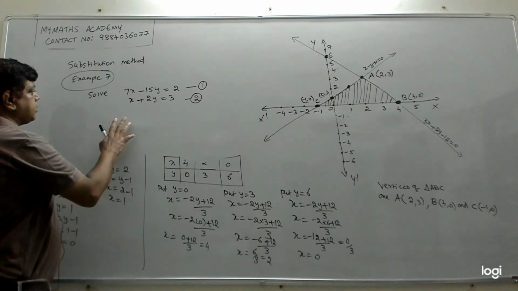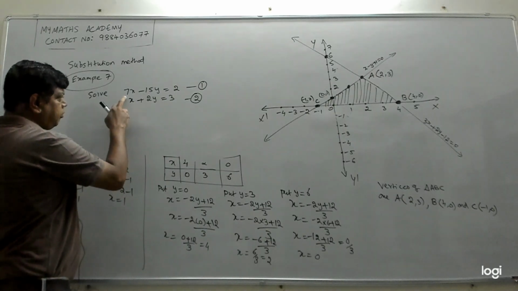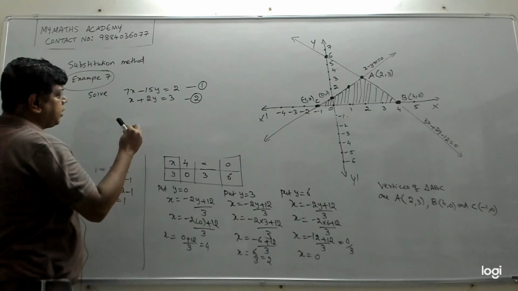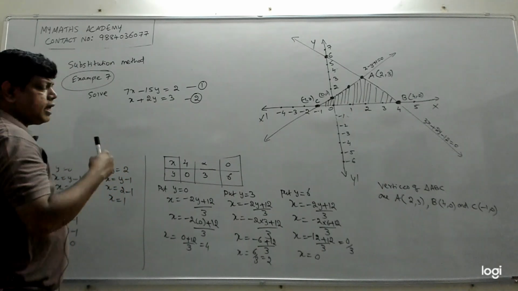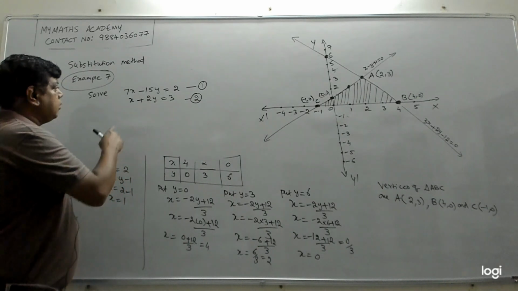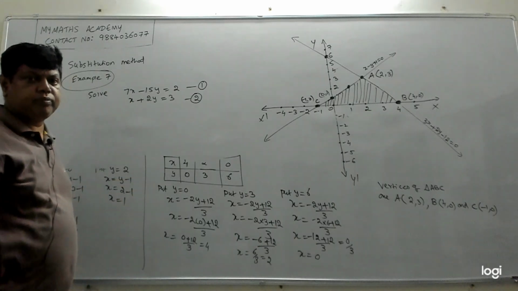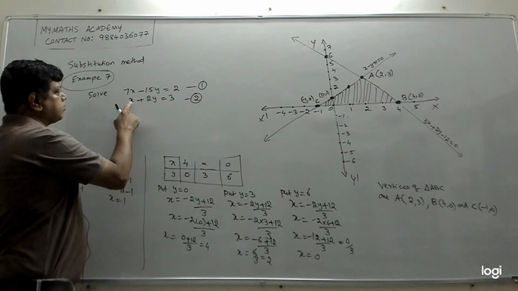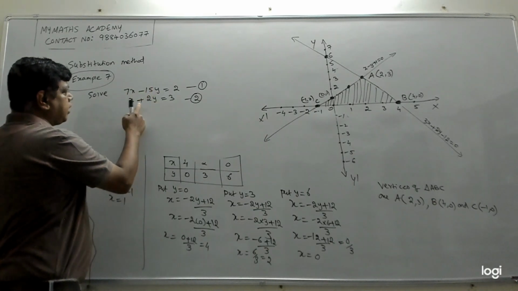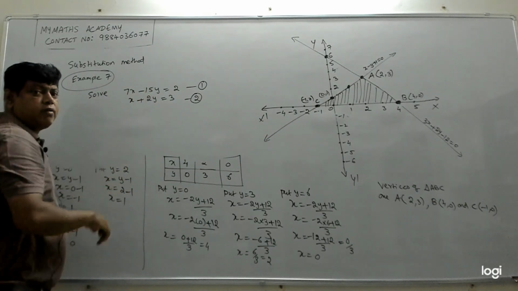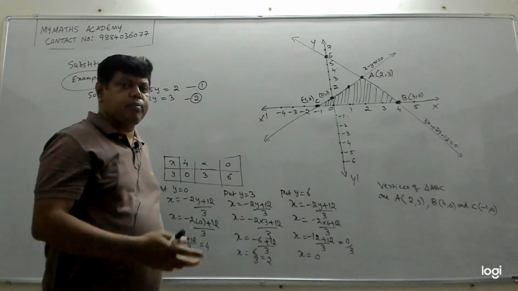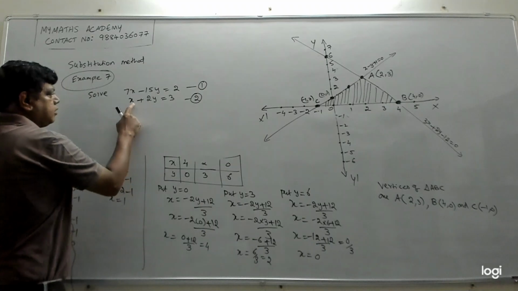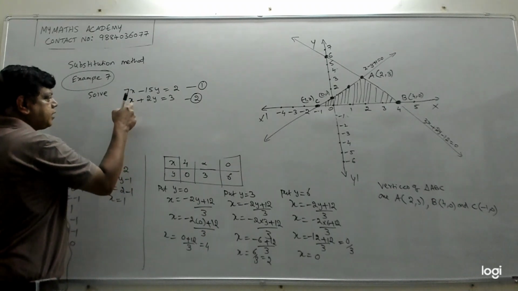The substitution method says first we choose any one of the equations, and preferably we take an equation which has at least one variable whose coefficient is 1. Here it is 7, here it is 15. Either x should have coefficient 1 or y should have coefficient 1. Even minus 1 is okay. In the second equation, the coefficient of x is 1. So we'll take this equation.